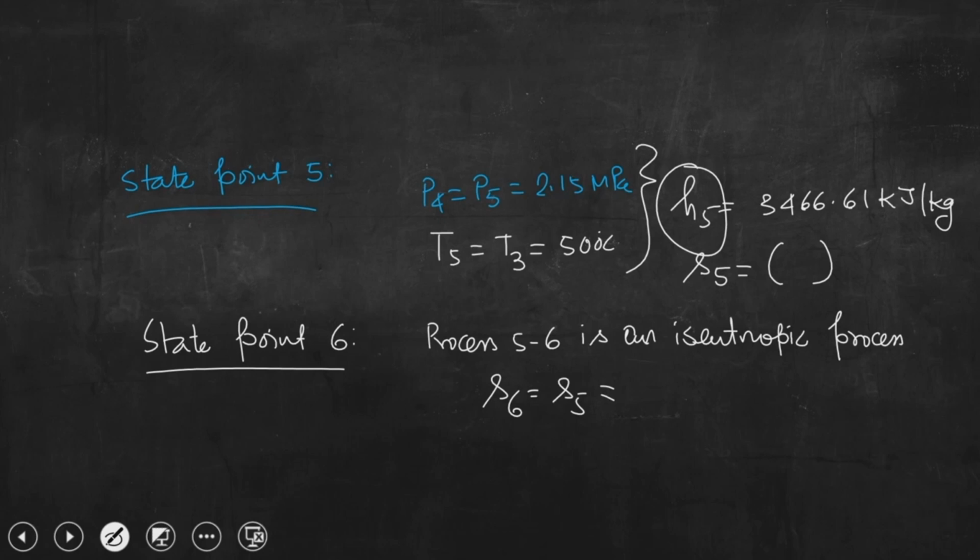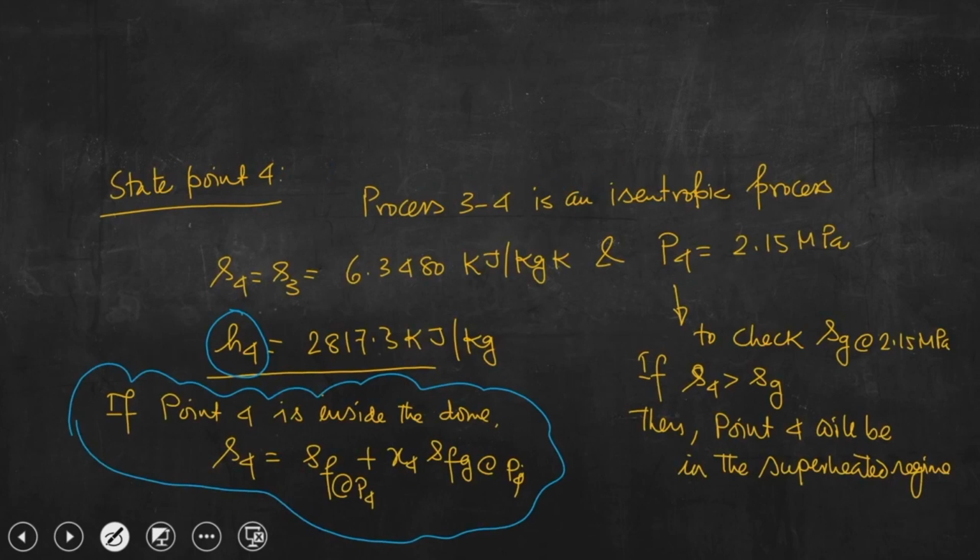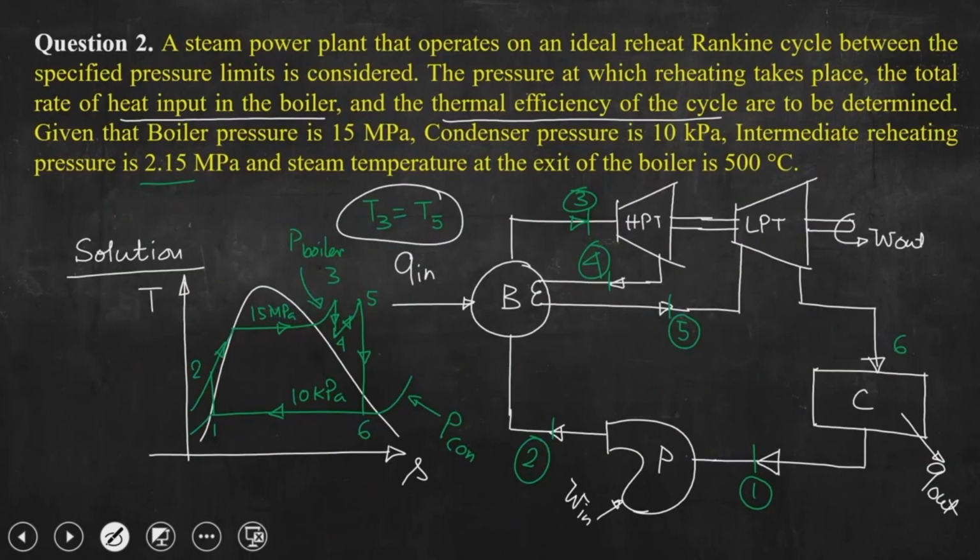Now, if we go to the TS plane, we can see the point 6 is inside the vapor dome. So, S6 will be equal to Sf plus X6 into Sfg. Sf and Sfg we can calculate because we know the condenser pressure, 10 kilopascal.